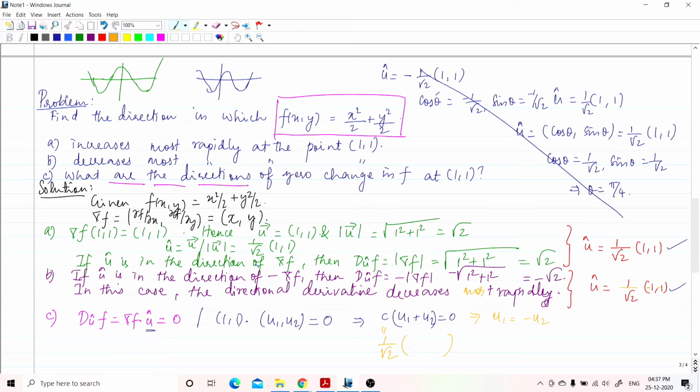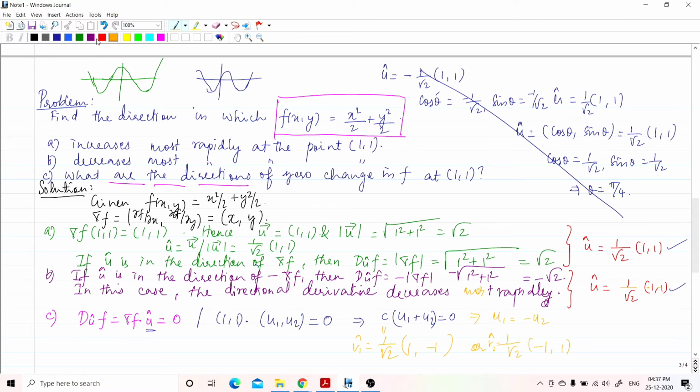If you choose your u1 to be 1, u2 is minus 1. Or if you choose this to be minus 1, this is 1. So there are two possibilities now. Let me name them v1 cap and v2 cap. These two are the directions in which you get a zero change.